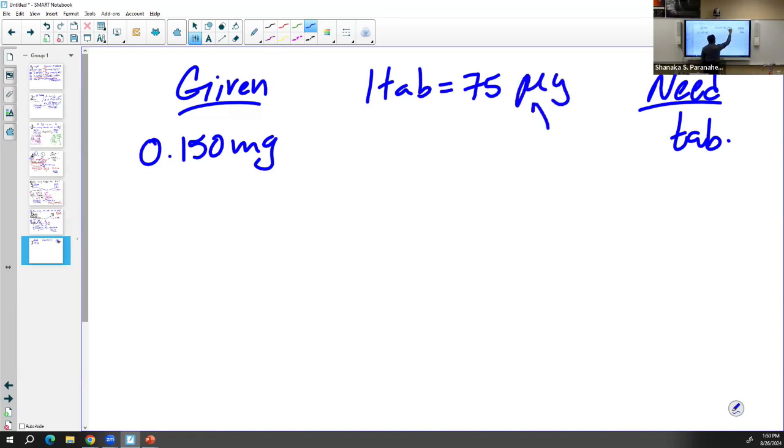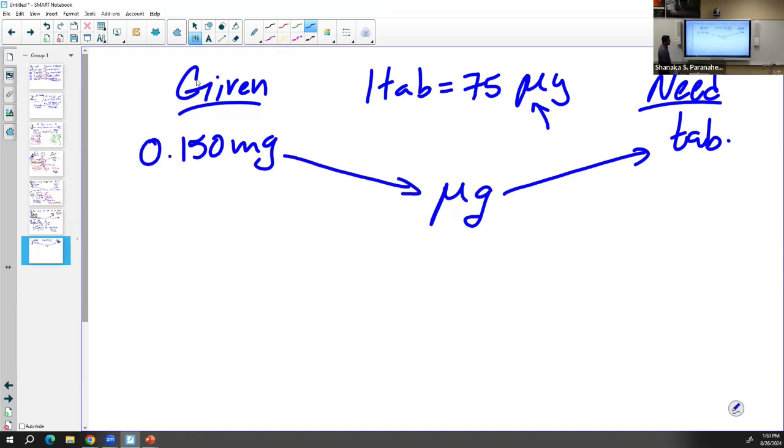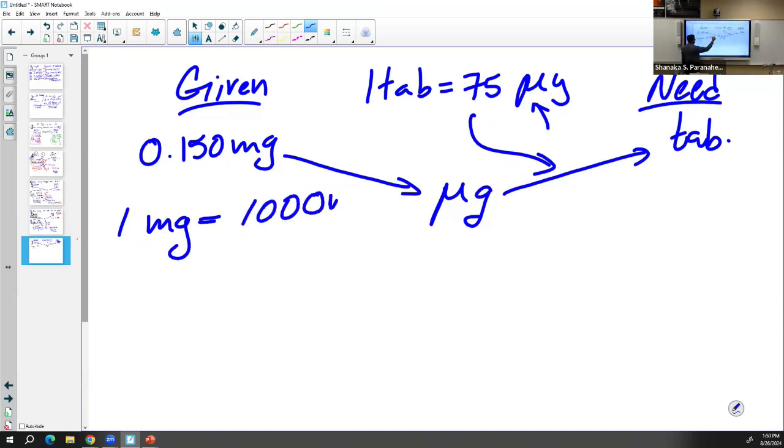This is another hint for your connecting unit, because micrograms connects to tablet, and we can also connect milligrams to micrograms. So this is given in the question, and this one is required from the table. What is the equation between milligrams and micrograms? One milligram is equal to how many micrograms?